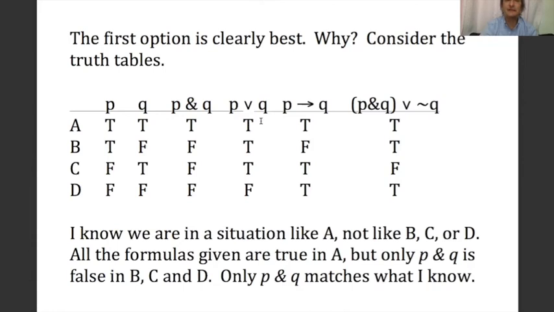And so if we choose this, we will not convey the information that we are in an A-like situation. We'll convey the information that we're in one of these three, A, B, or C-like situations. And that's not as helpful. If we want to be most helpful, we're going to pick something that does better than that. We're going to pick P and Q. The same thing is going to happen with P arrow Q.